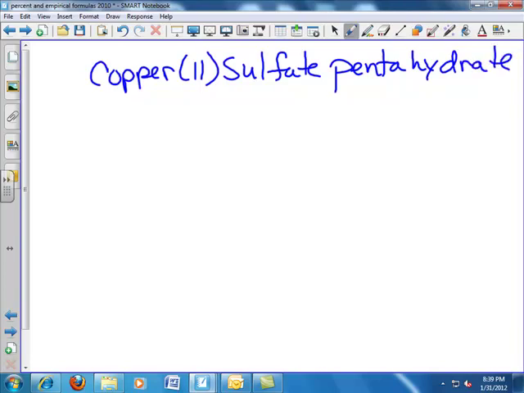Now, that's a name that you've seen before, as far as the pentahydrate, but I've kind of had you ignore it. Well, it's not really that hard to add that to a formula, okay?